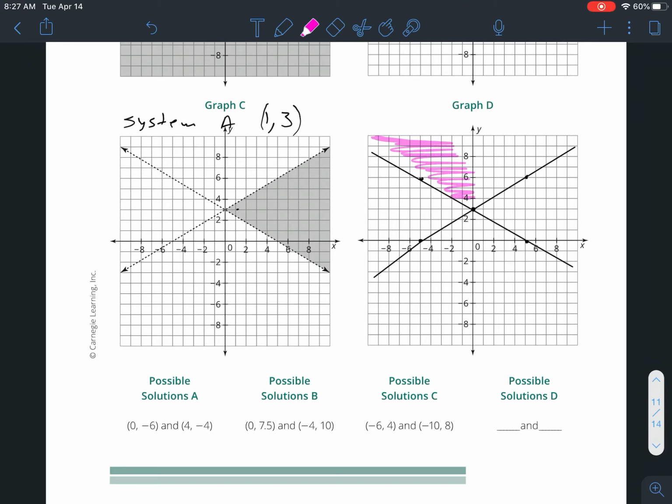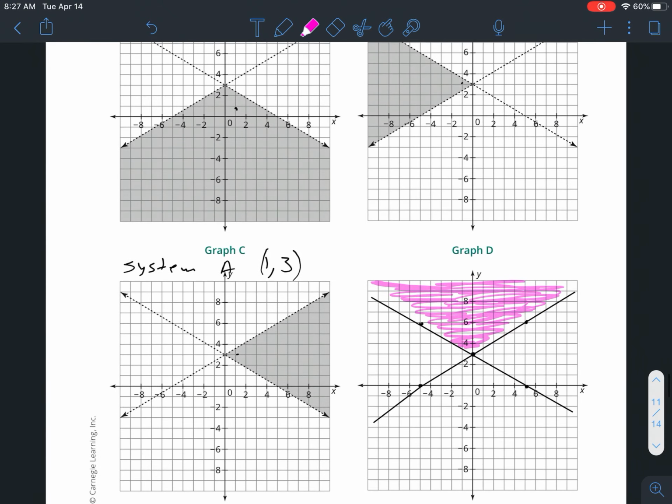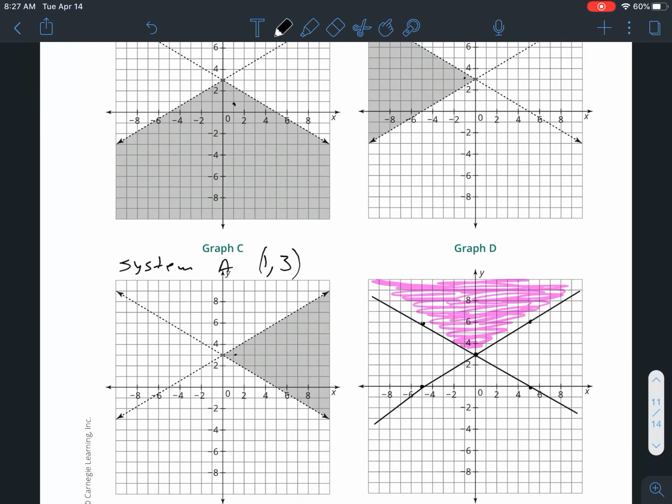So we can shade this part right here, because that works. Okay? So that's all you had to do. We know that works, so that's all we had to do.